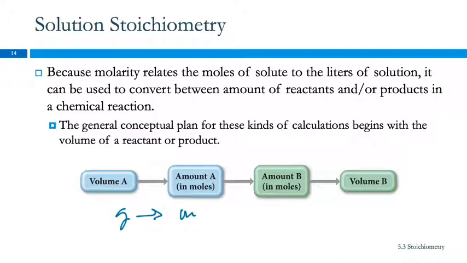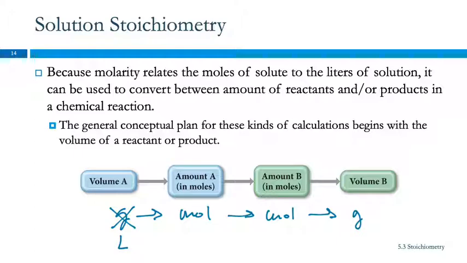This is a variation of grams to moles to moles to grams. If instead of putting a solid into my beaker to react it, I'm going to measure out a volume of a solution, then instead of having grams here, I might have liters.